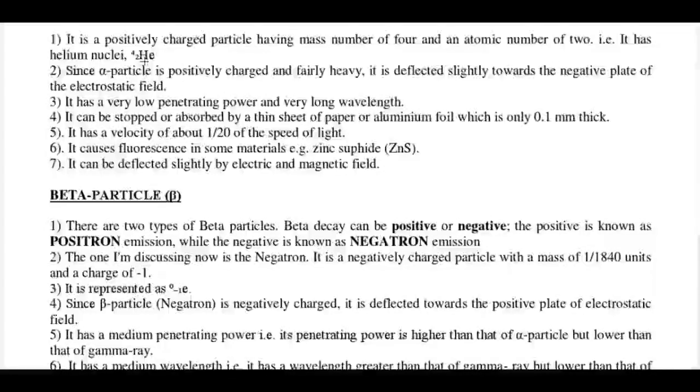So let's talk about alpha decay. When an atom emits, releases or loses an alpha particle, its atomic number becomes reduced by 2 and the mass number by 4. So look at this, for instance.